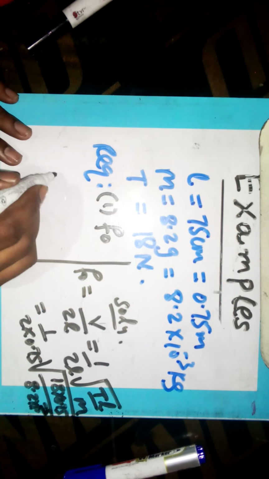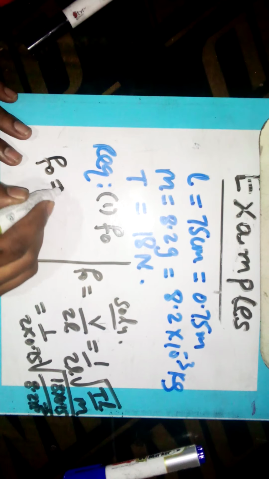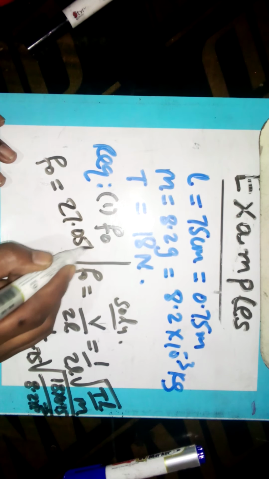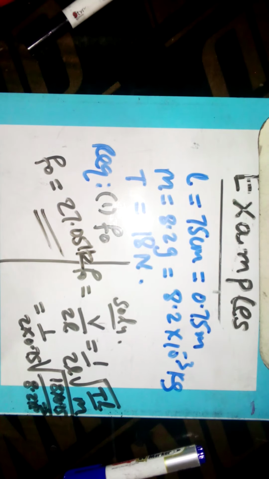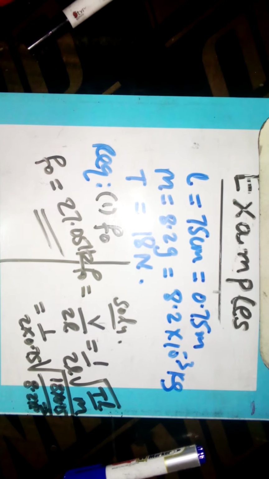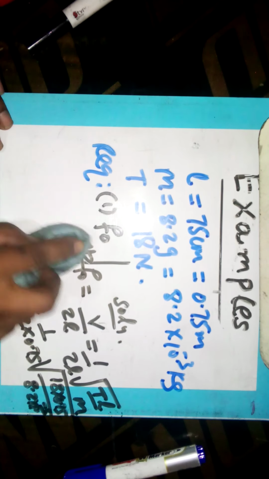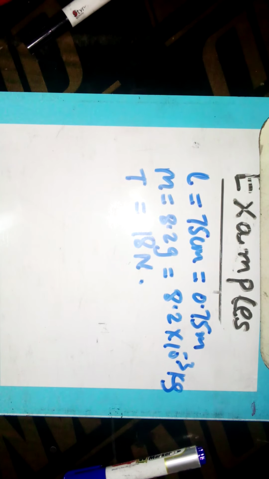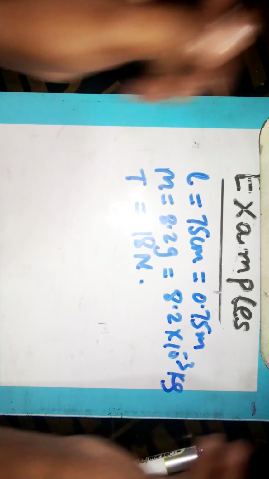If your calculator is correct, you'll find that the fundamental frequency F naught is 27.05 Hz.